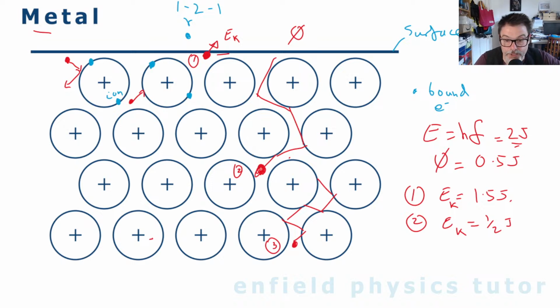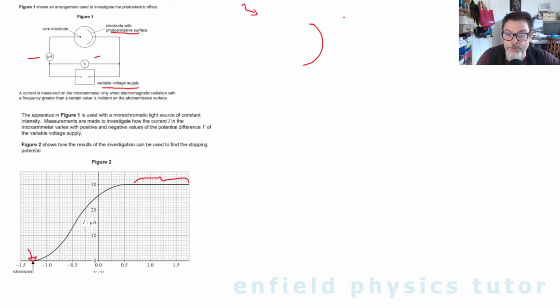That's because they've had a whole pile of collisions before they come out, so they're all moving in different directions. So we could represent our electrons coming off of this surface something like this, a whole range of different directions and velocities, and that's the key to this graph here.